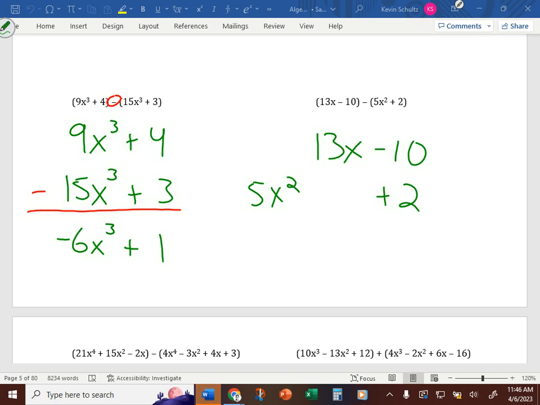So here's an example of having unlike terms and leaving those empty spaces so we don't combine things that can't be combined. Now, a trick that you could use, some folks like to fill in these empty spaces with zeros, right? Because if that second expression doesn't have any x's, that's like saying it's got 0 x's. And if our top expression has no x squared term, it's like we have 0 x squareds.